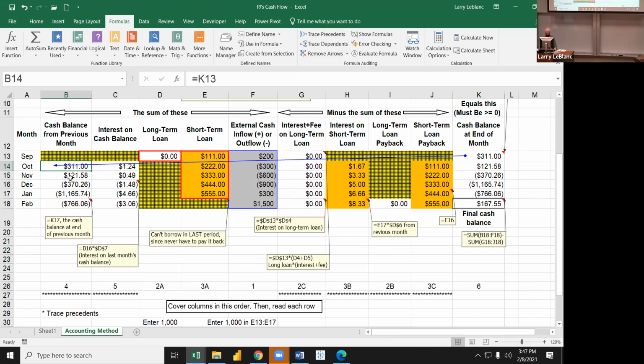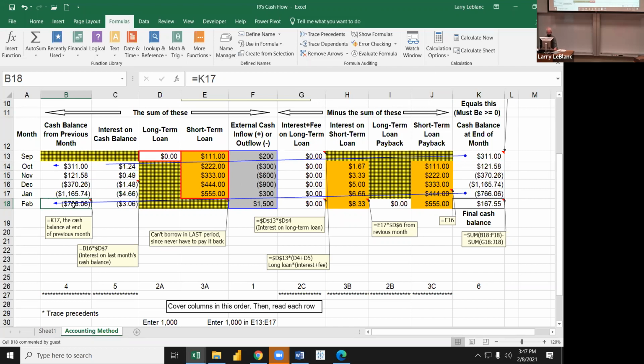The cash balance at the beginning of November is the cash balance at the end of October. We have negative amounts, but they're still instructive to see the logic. The numbers I entered in the changing cells are too small. I'm not allowed to borrow that little money because the cash balance goes negative.